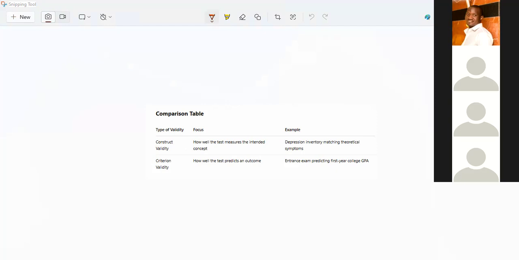Then we also have criterion validity, which examines how well one measure predicts an outcome based on another established observable benchmark, which is a criterion. The two types of criterion validity we talked about are predictive validity and concurrent validity. Predictive validity focuses on future outcomes, whereas concurrent validity correlates the outcome with what is measured at the same time.